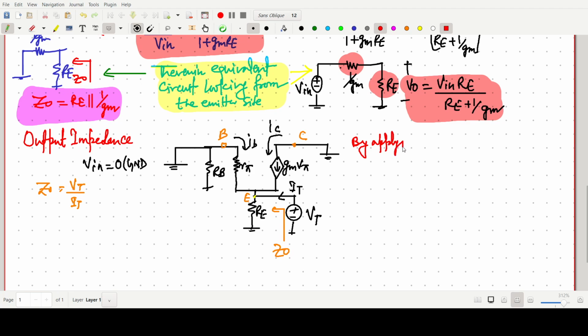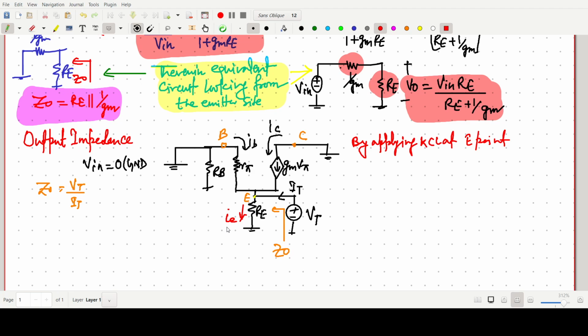By applying KCL at the E point, that is our emitter point, this current is called the IE current. This one is the circuit, very simple.